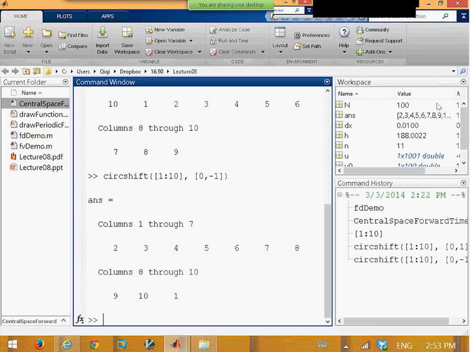So in the ODE part, why didn't we do a circshift? The answer is that in the ODE part we didn't do a circshift because we don't have the solution at the n plus 1 time step yet.